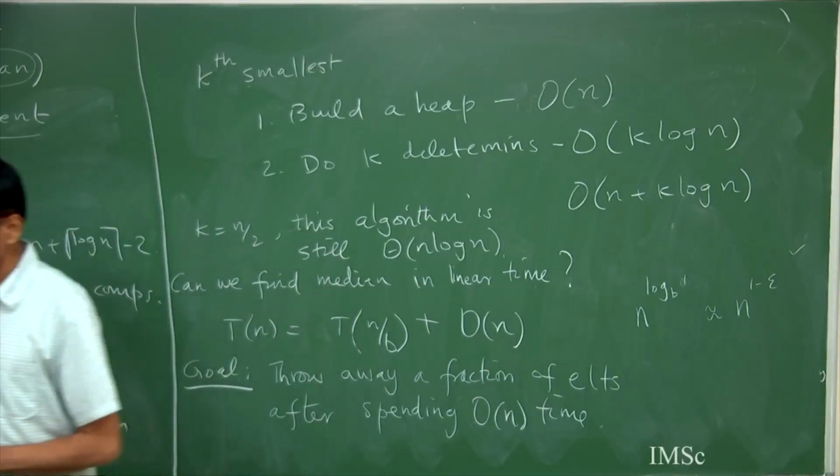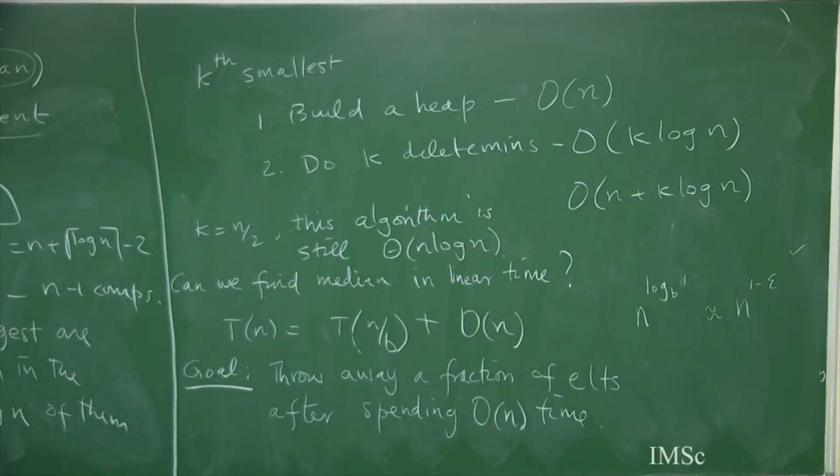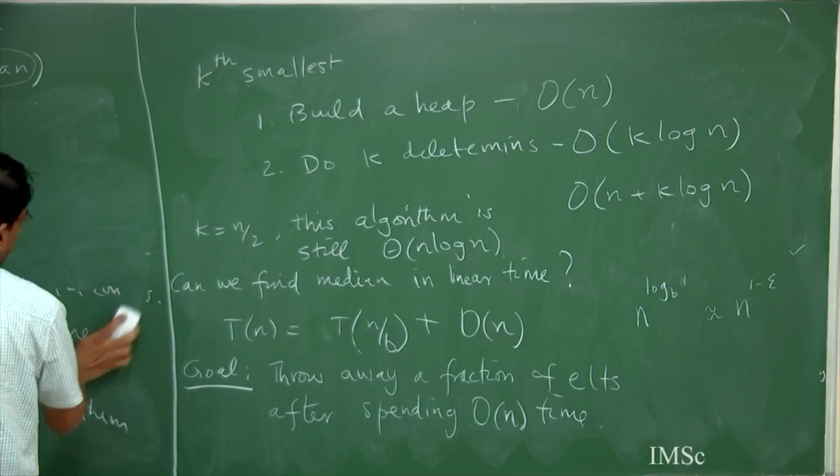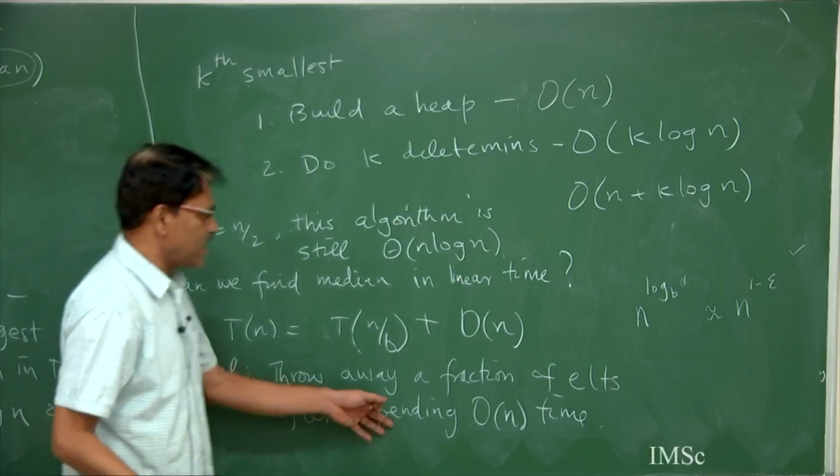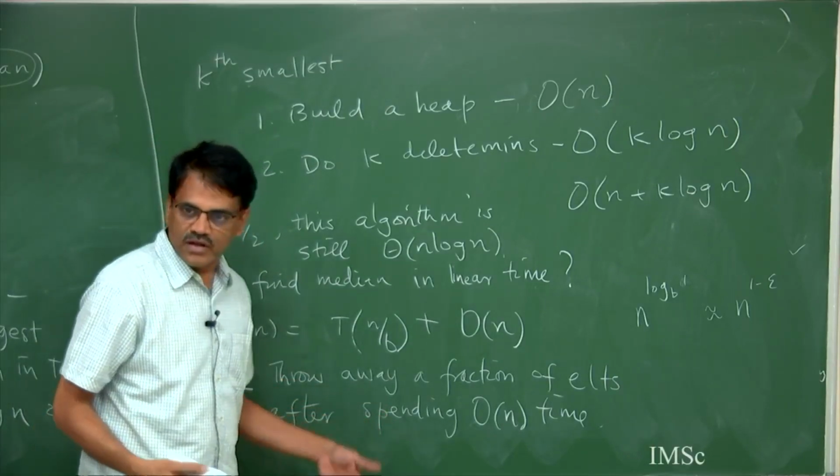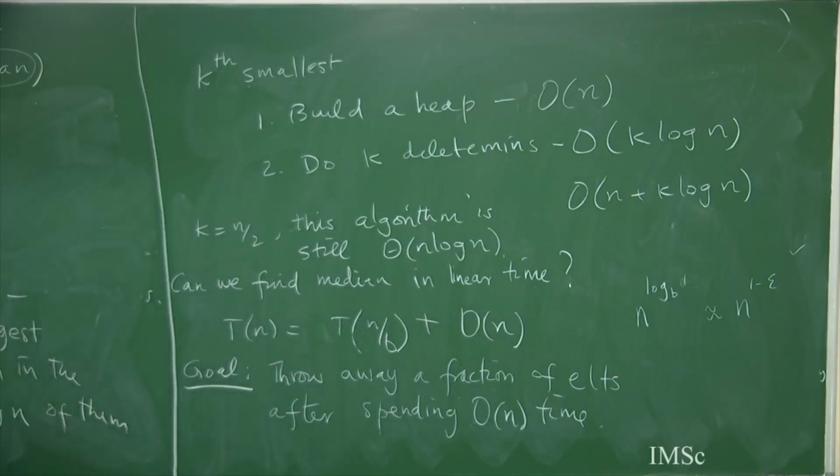So, let us design an algorithm like quicksort. What would be an algorithm like quicksort for selection? I want to tell you that it actually has this kind of property with high probability, and that will tell us what to do.